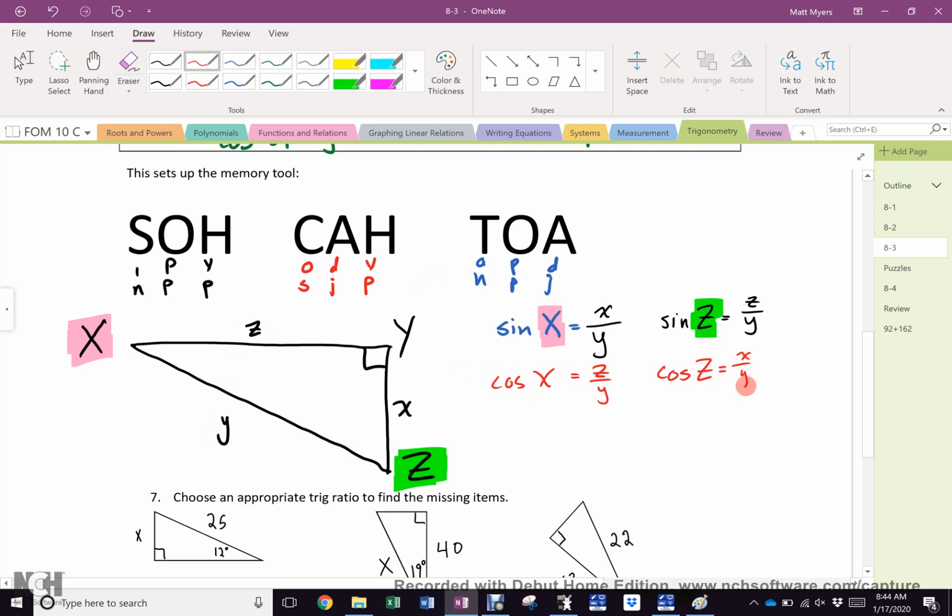X over y. Please notice the sine of one is the cosine of the other. Notice we are not talking about the 90 degree angle here. This stuff only works with the acute angles. Jacqueline.